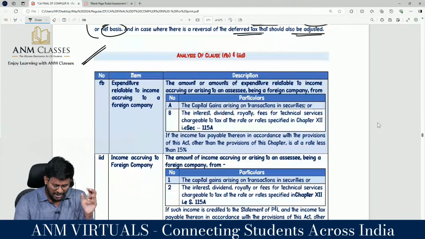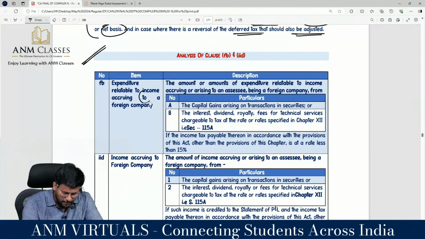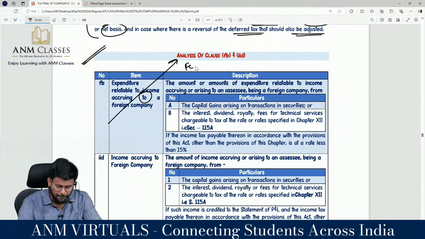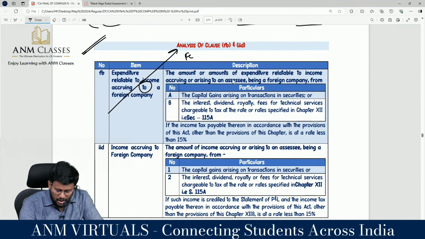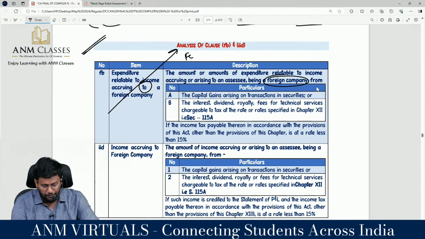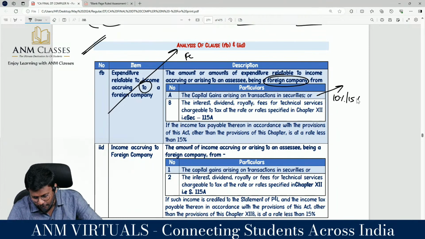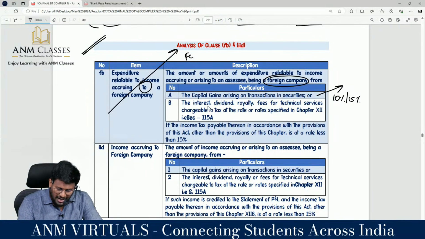Coming to the next one. Expenditure relatable to an income accruing to a foreign company. That means if the assessee is a foreign company, amount of expenditure relatable to income accruing or arising to an assessee being a foreign company from capital gain arising on transaction in securities, because that capital gain will be taxable at a concessional rate of either 10% or 15%, or the interest, dividend, royalty, fees for technical services chargeable to tax at the rate in Chapter 12, that is 115A.